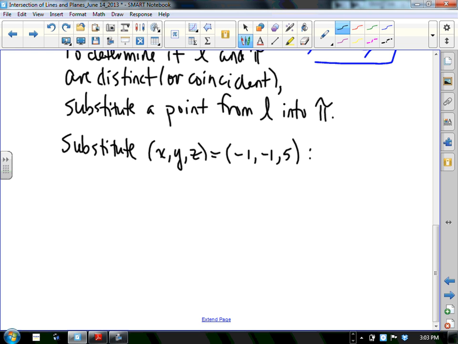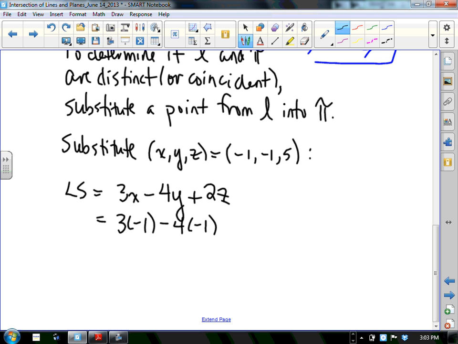So the equation for our plane, again, let's go left side, right side on this, was 3x minus 4y plus 2z. So upon substitution, we would end up with, let's see here, minus 3 plus 4 would give us 1 plus 10. So we have 11, and the right-hand side is also 11.